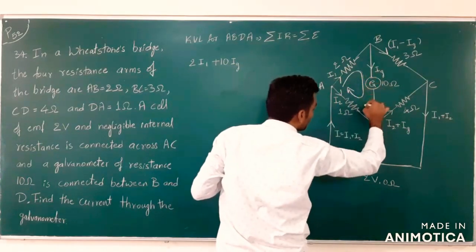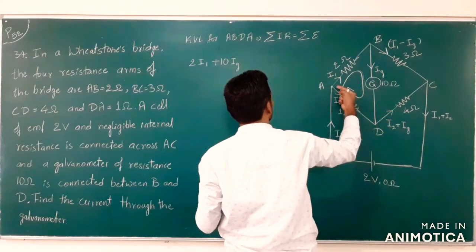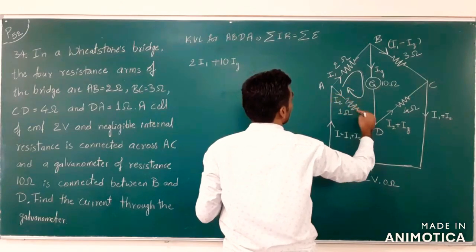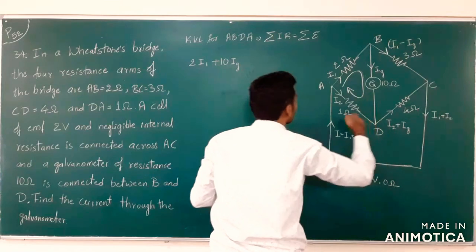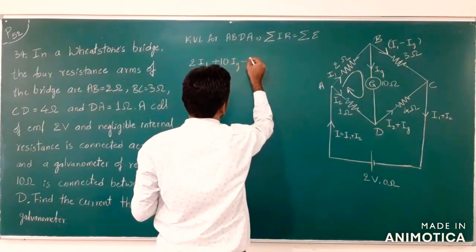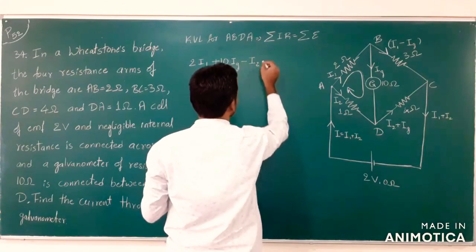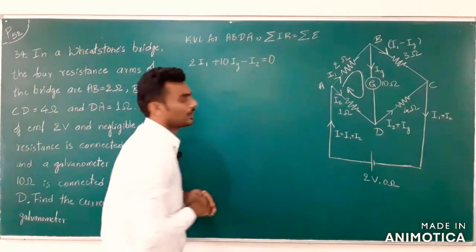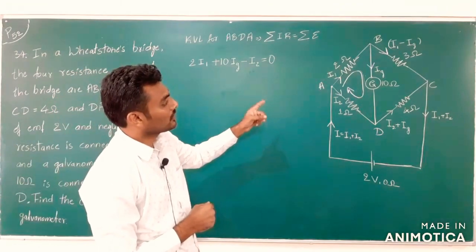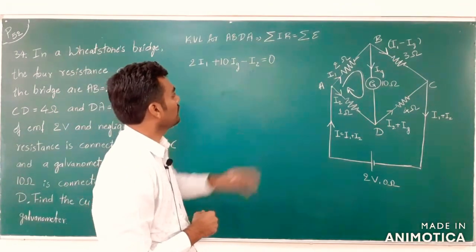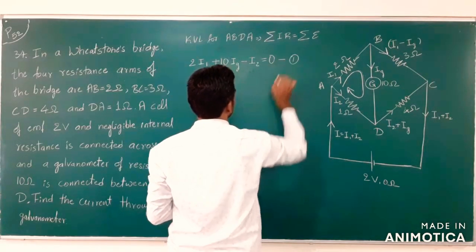And then I came to point D and went towards A. While going towards A, DA, this part, I have a resistance of 1 ohm and a current of I2 flowing in the opposite direction. So, it is minus 1 I2, I will simply keep it as minus I2 is equal to 0. Okay. This is the first expression that we get when we apply KVL for the loop A, B, D, A. And I will name this equation as equation 1.